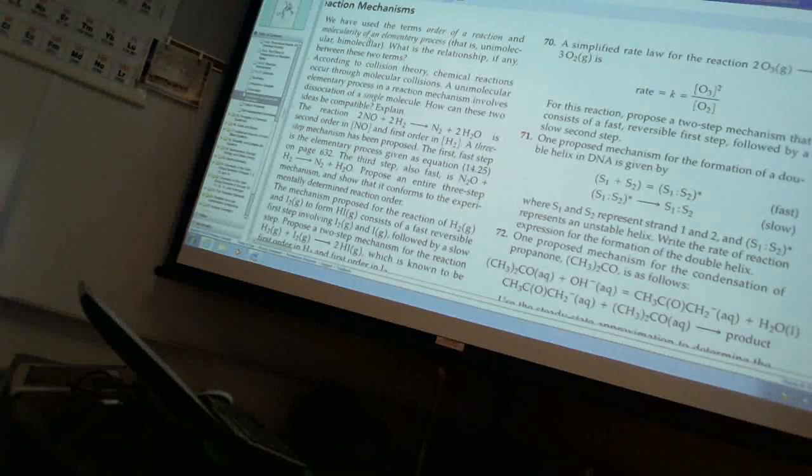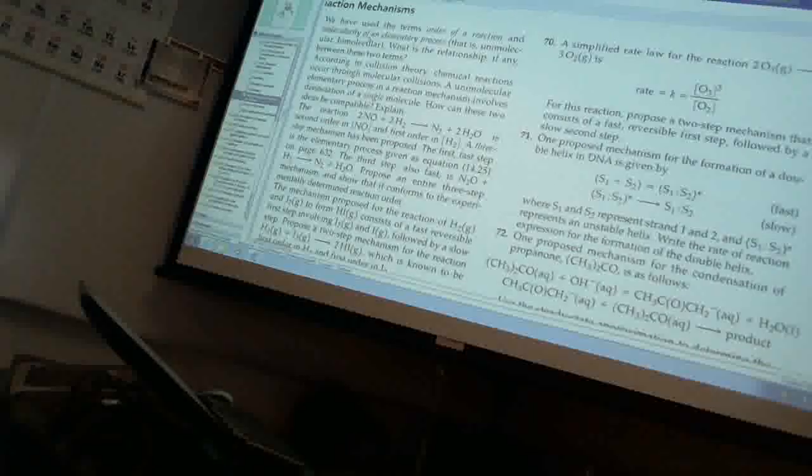What happens if I double the right ozone? It doubles. So if I double ozone, it doubles both the left and the right ozone, which means it's second order. So if this were just one step, the rate is very simple. The rate is just equal to K ozone squared. It's the same as the coefficient here because it's just a simple collision.